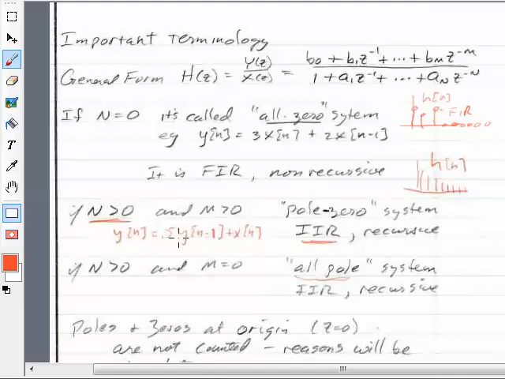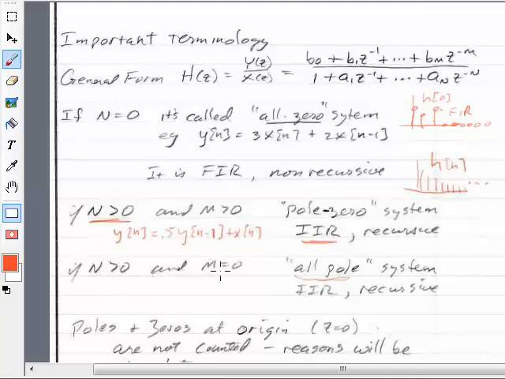Here's an example I've jotted down ahead of time in red. Actually this is an all-pole model that I'll get to in a minute, but this is a recursive system where we've got the output in terms of previous outputs. So it's an IIR system. There's an h of n for an IIR system. It goes on forever and never dies to 0.